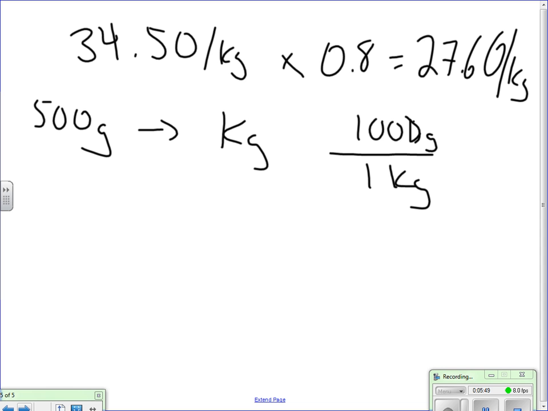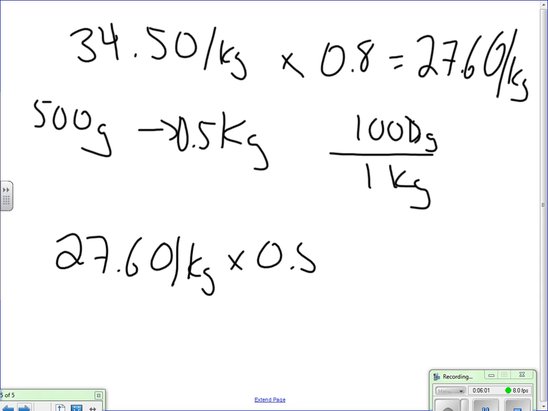So if I have 500 grams, then I have half a kilogram. So now that I know the price per kilogram, I'm simply going to use the discounted price times by 0.5. I'm going to arrive at a price of $13.80.